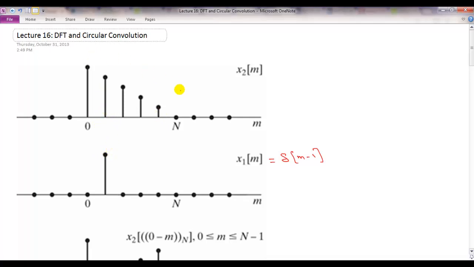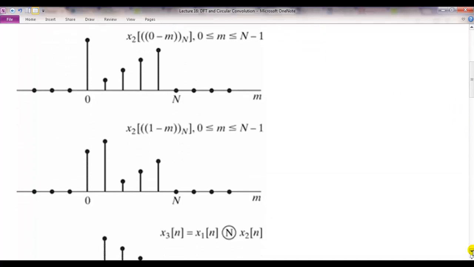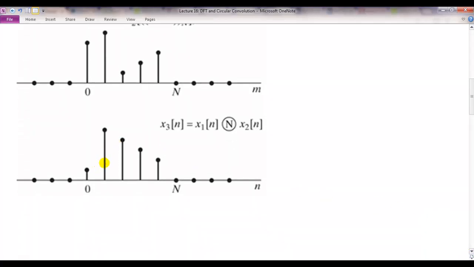So you move these things here, and whatever sticks out at the end, if you remember your circular shift formula, simply goes here. Everything gets shifted by 1, and the last one comes back, because it's a shift by 1. So your final answer will be simply this: all the entries get shifted, but the final one, instead of being at N, which you would get in the case of a linear shift, simply comes back to 0.